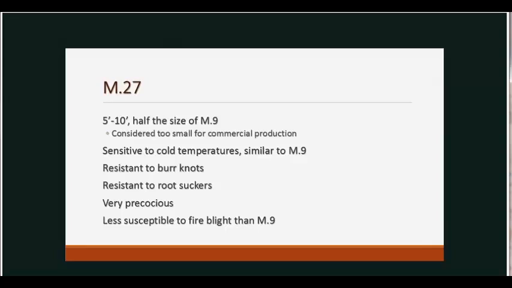So this is one that you'd really want to make a note to yourself because it is very precocious, that you want to make sure that you do not allow it to crop too soon, or it will runt out. It's less susceptible to fire blight than M9, but it still can get fire blight.